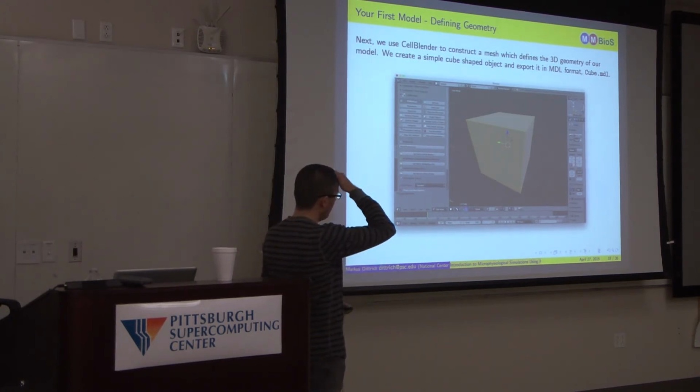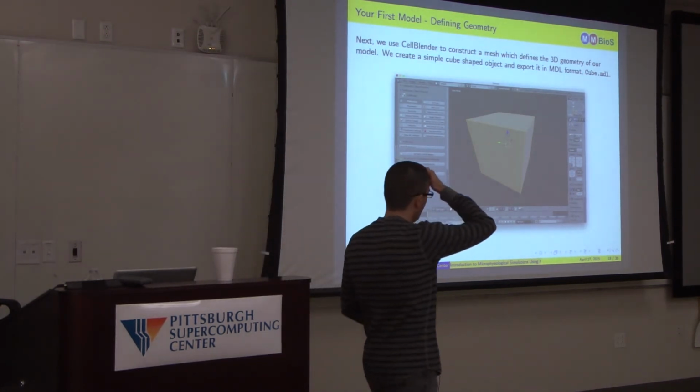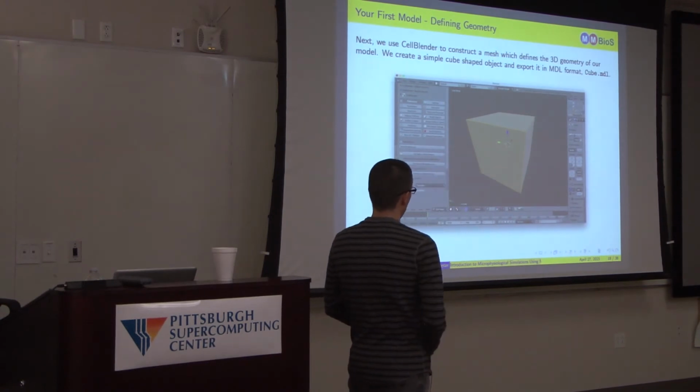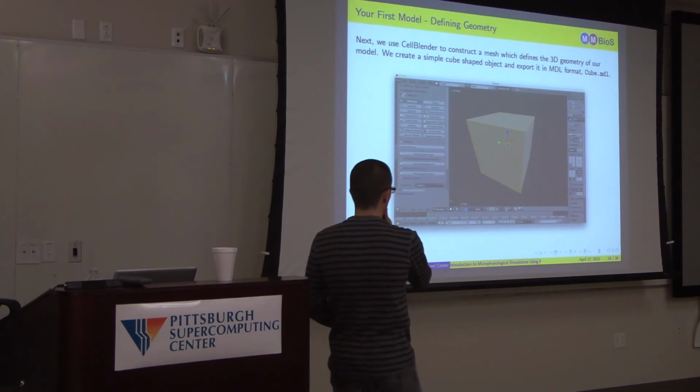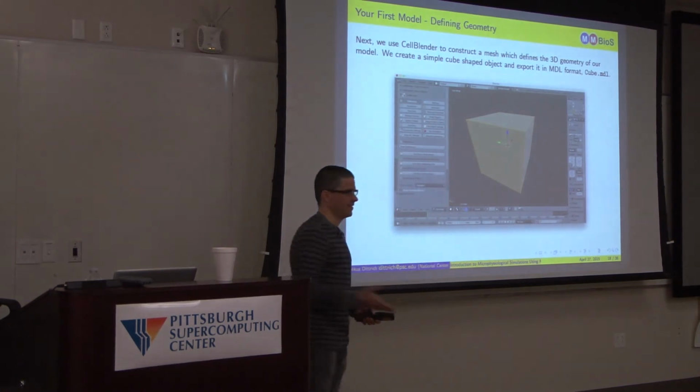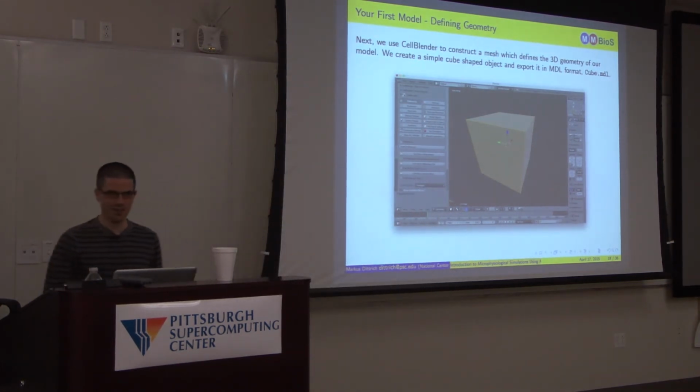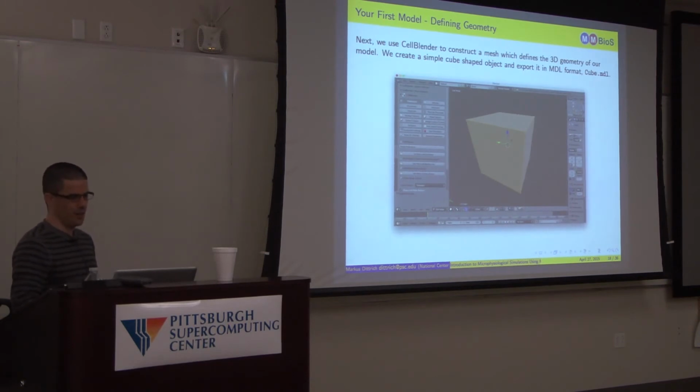So this is Cell Blender. You'll get to use this afternoon. I'm going to do something very simple here. I'm just going to use Cell Blender to create a cube. Not a very biological system, but good enough for us. And basically save it as an MDL file. So you can do that in Cell Blender.